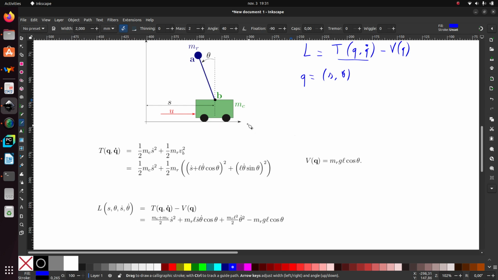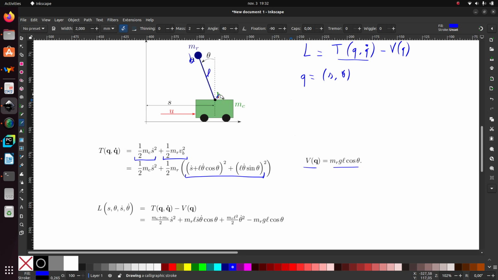Now the kinetic energy of the system is equal to the kinetic energy of the carriage plus the kinetic energy of the rod, which depends on Vb, the speed of the point B here, and it is given by this expression. Okay, and for the potential energy it is only the potential energy of the rod. So it corresponds to this expression where L is the length of the pendulum.